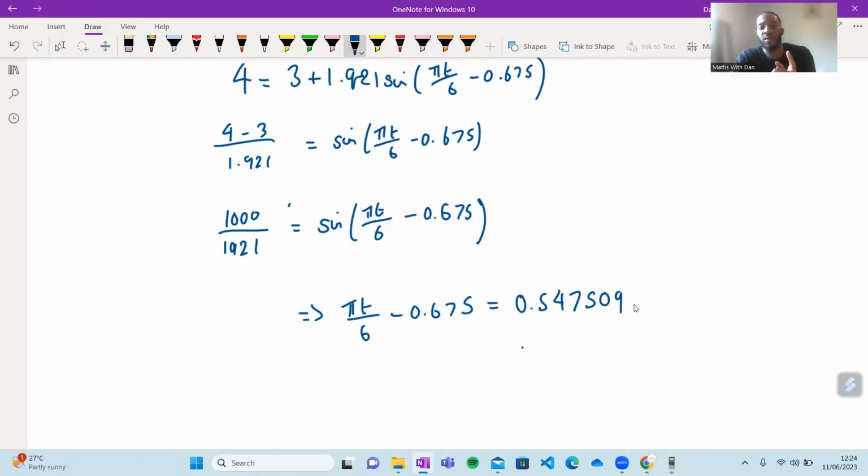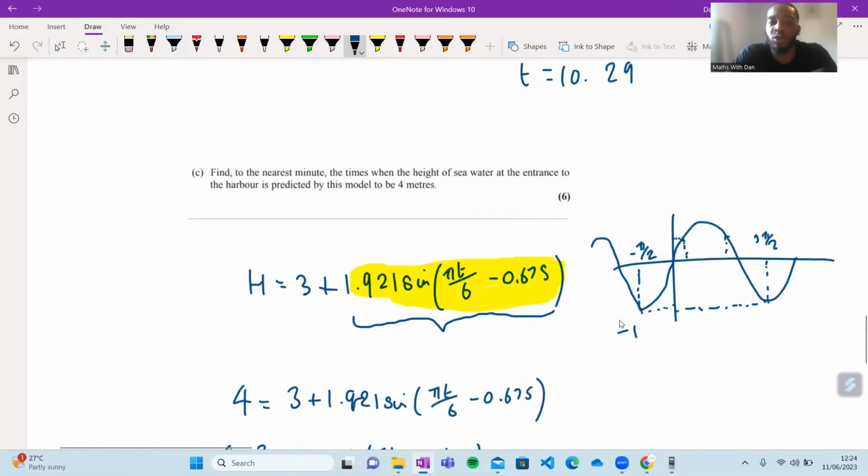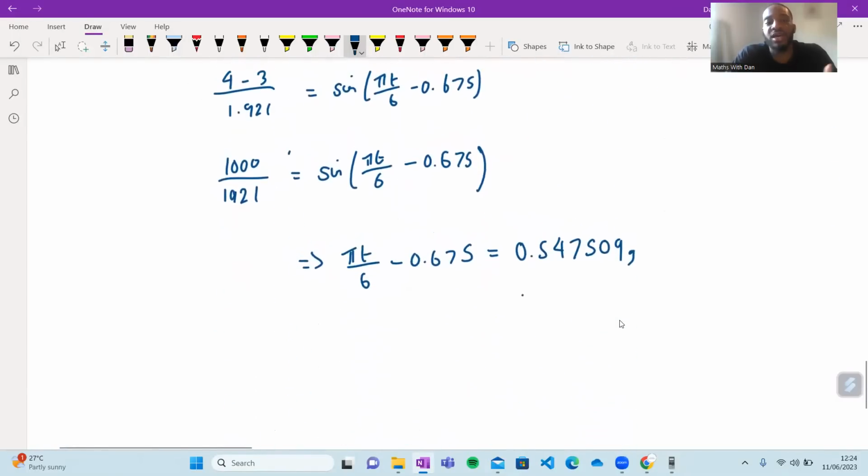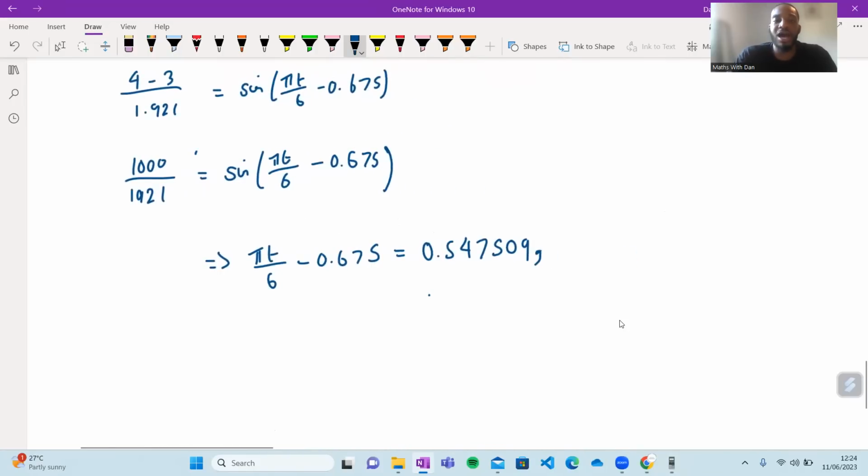Now remember, there's going to be multiple values of t due to the fact that it says find the times, not the time. And obviously, it's trig, it's sine. How do we find the other values of sine? Well, it's positive, so to get the next one, it's going to be pi minus the angle.